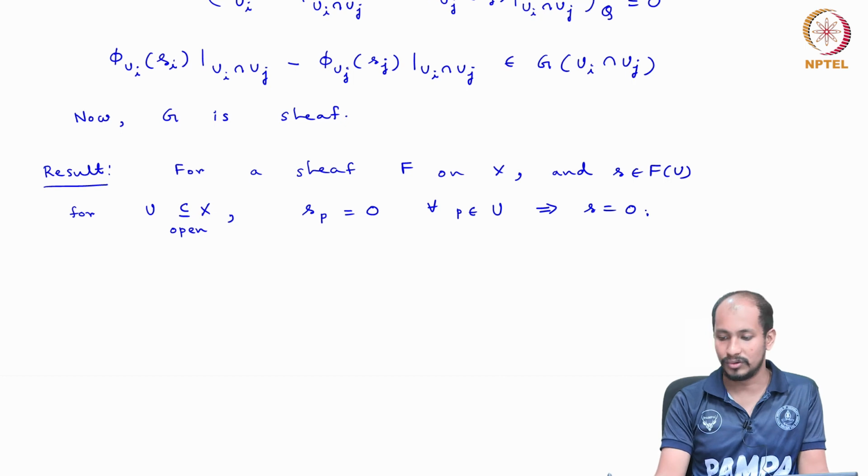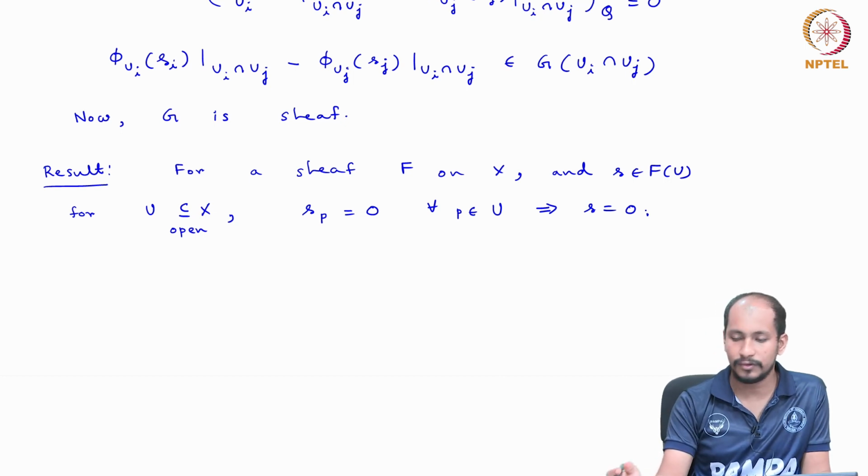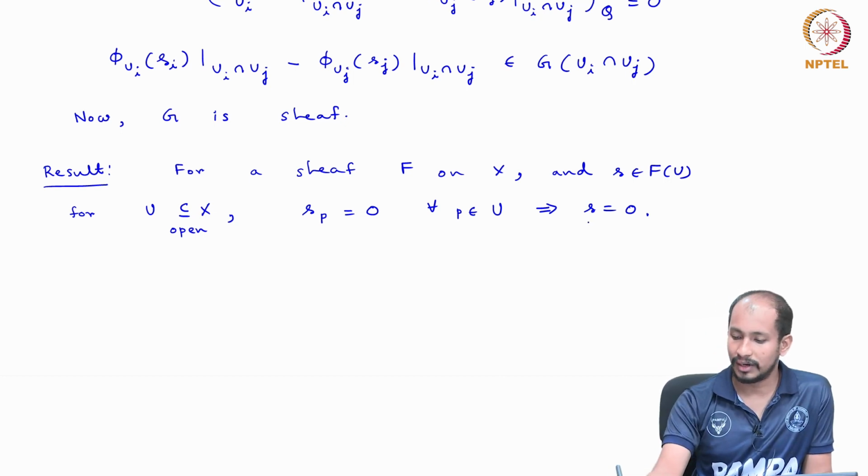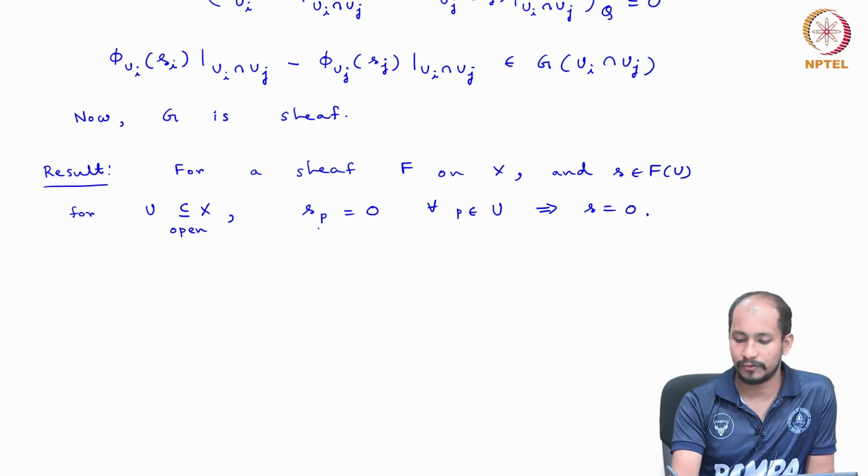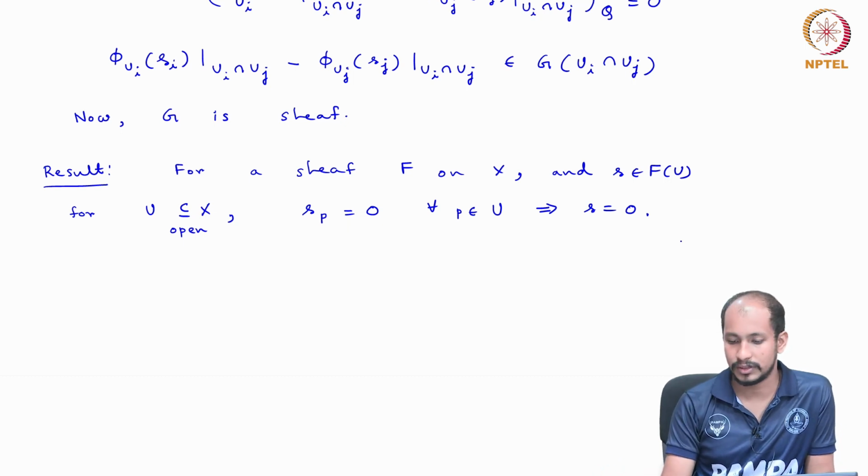This is very easy to prove. You have to use the sheaf property to show that s is actually equal to 0. If all the stalks, meaning all the germs, are equal to 0, then the section has to be 0.